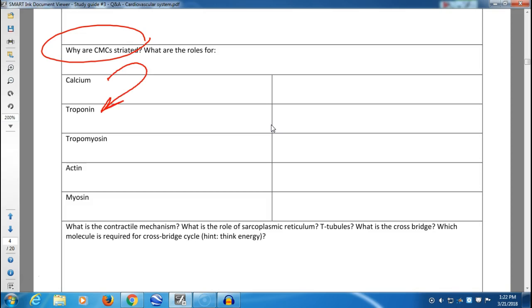When it binds to troponin, troponin removes tropomyosin from actin, and then actin and myosin can establish cross bridges, right? And then you have the sliding filament model of contraction.